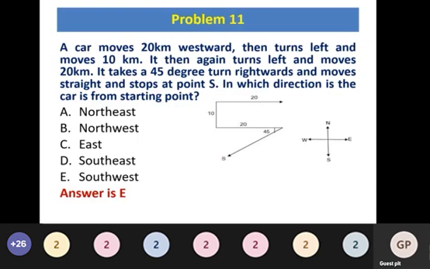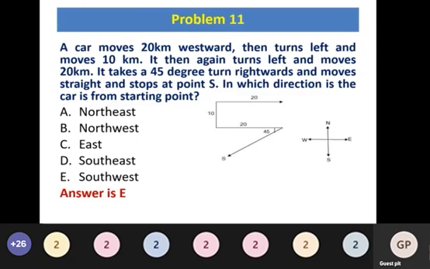The options are A northeast, B northwest, C east, D southwest, and E southwest. So the option is E.